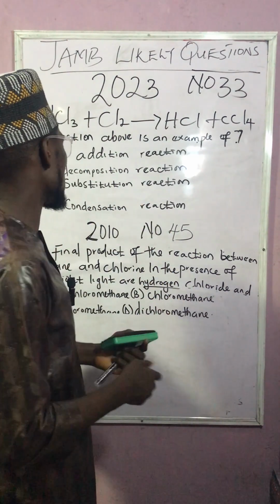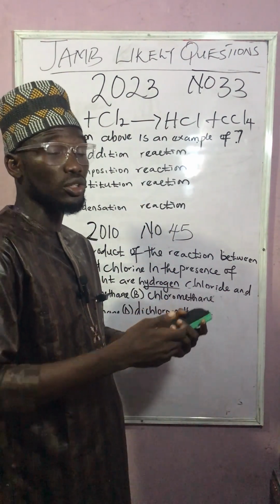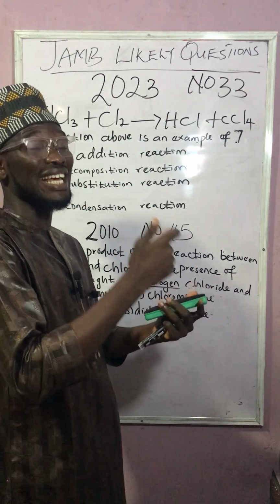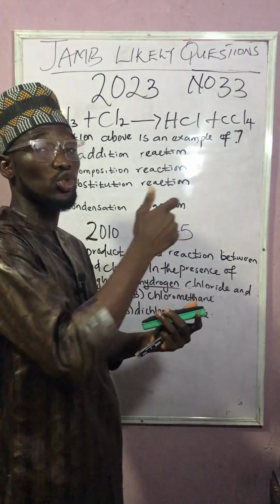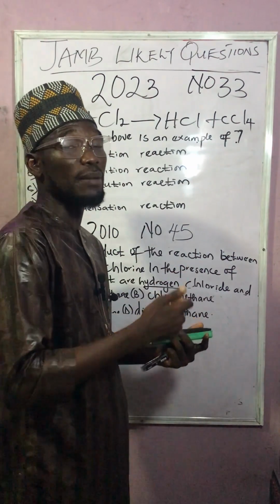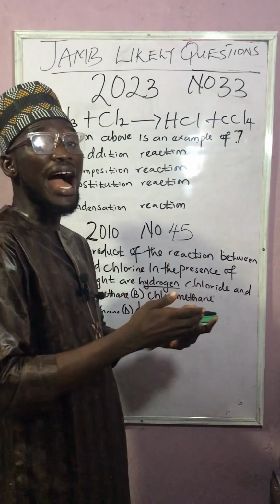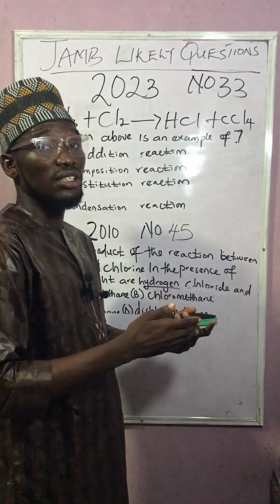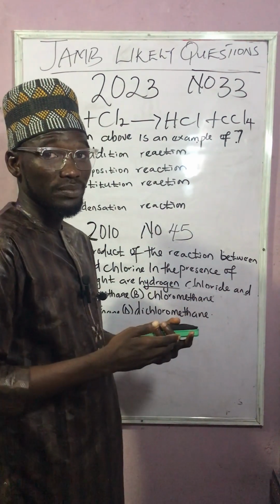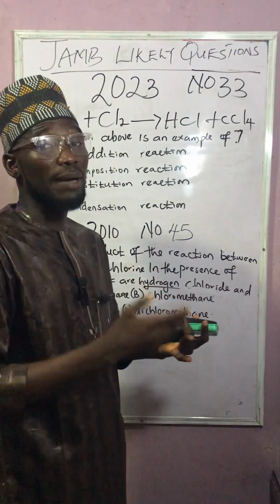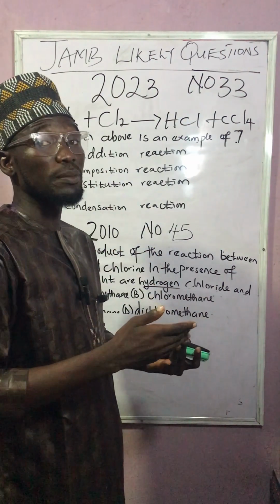Let's take a look at C. A substitution reaction. A substitution reaction is a type of reaction that is classified as subjected to a saturated hydrocarbon. That is, when a compound reacts with the halogen, so we call them the haloalkane, it can either be chlorine, iodine, or bromine.